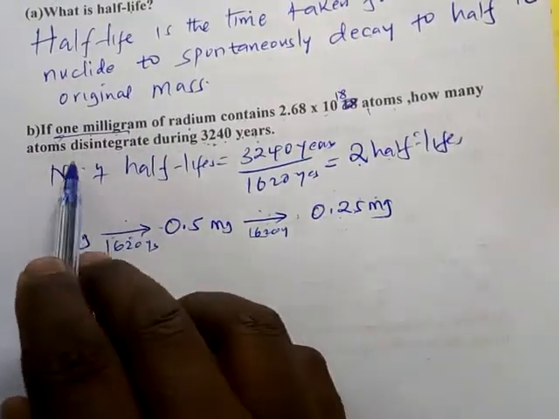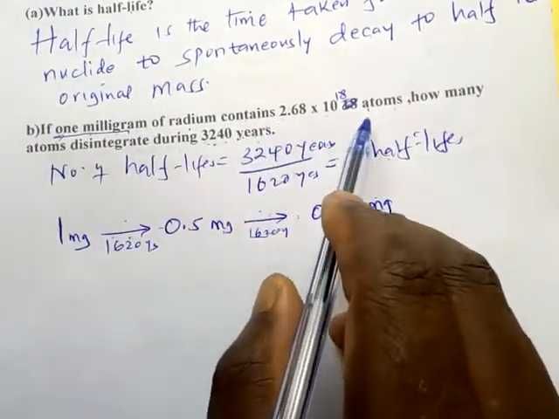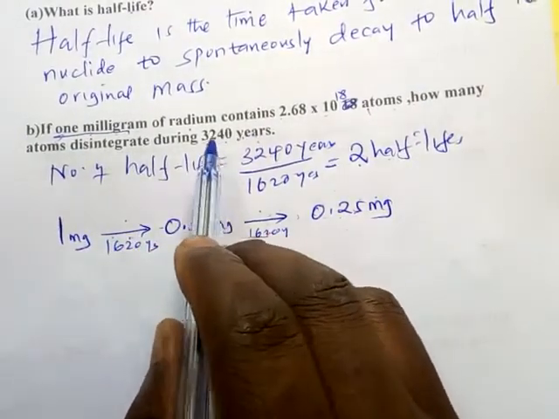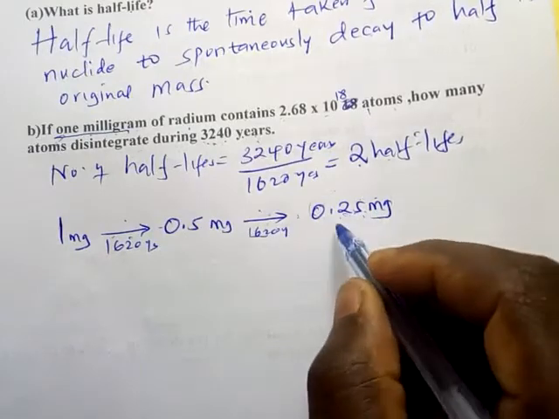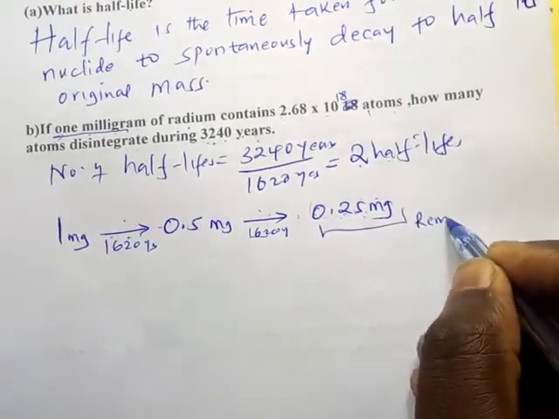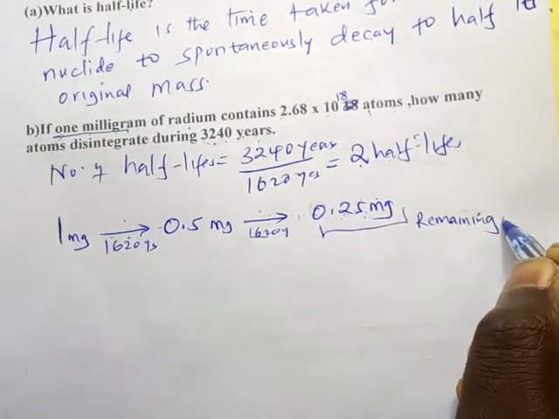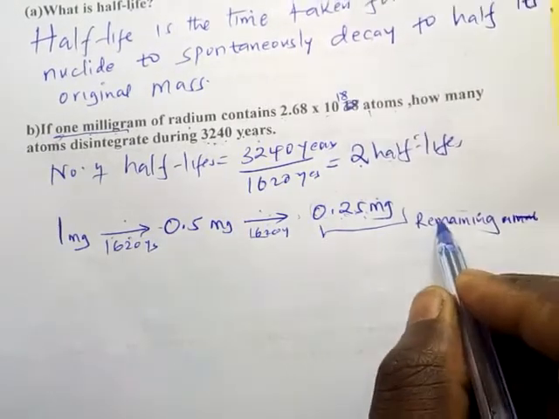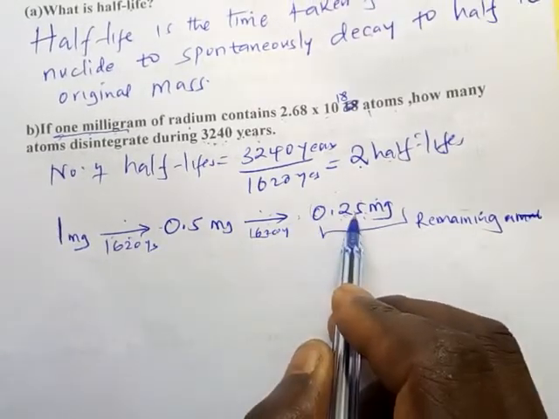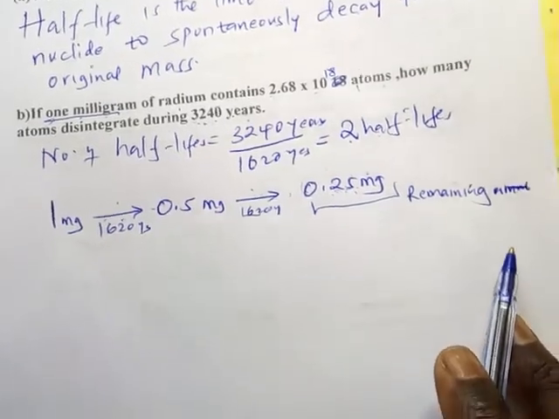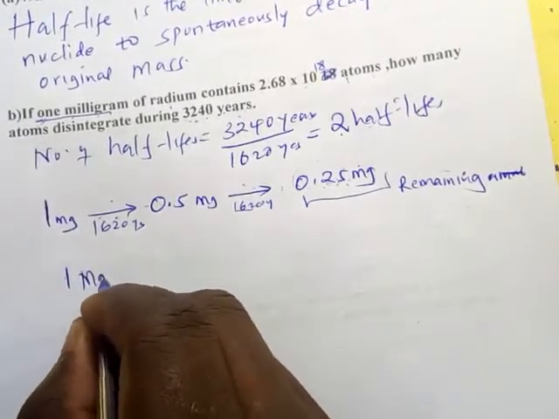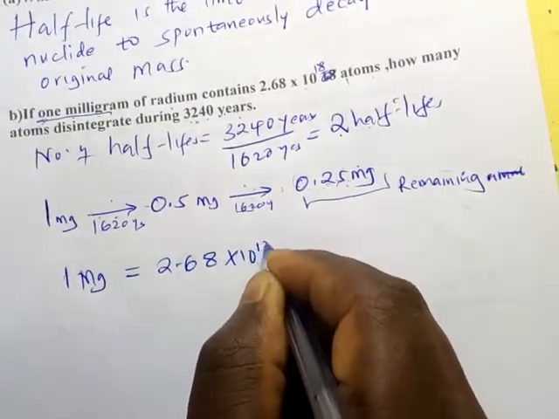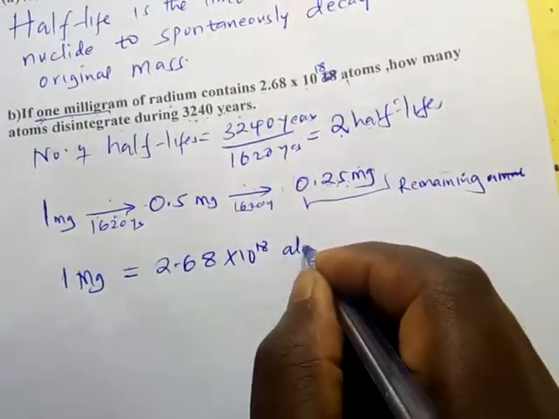What the question is asking us is, if 1 milligram is this, how many atoms disintegrate during this time? Remember, this one is remaining. Very important to understand that remaining amount. If we want to know the amount that disintegrated, it is the total minus the remaining. But we know that 1 milligram contains 2.68 times 10 raised to power 18 atoms.